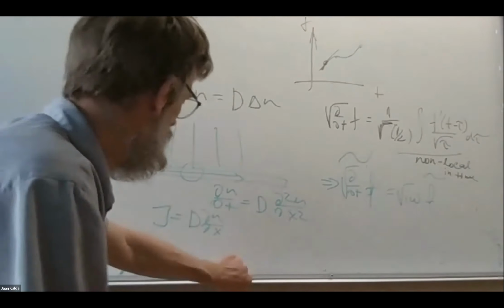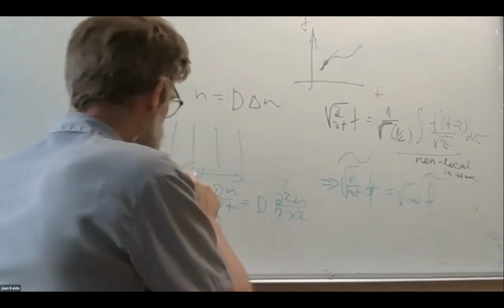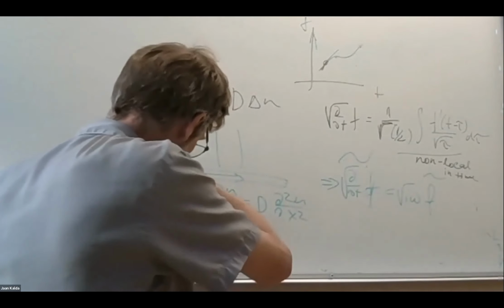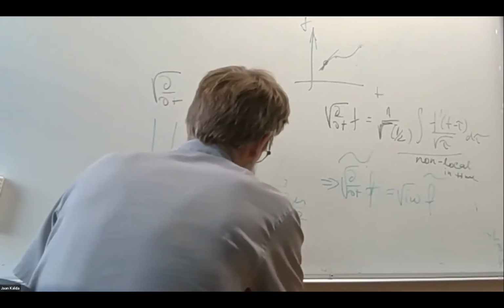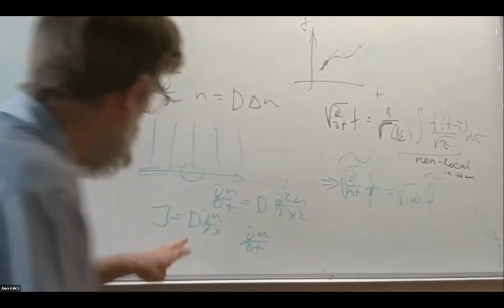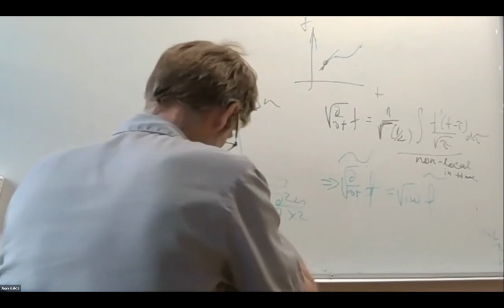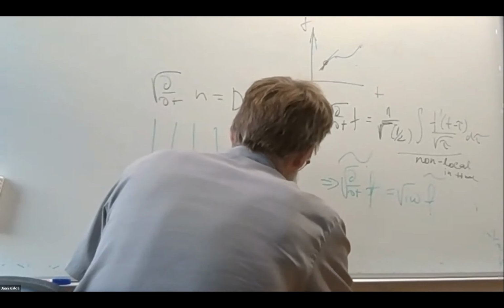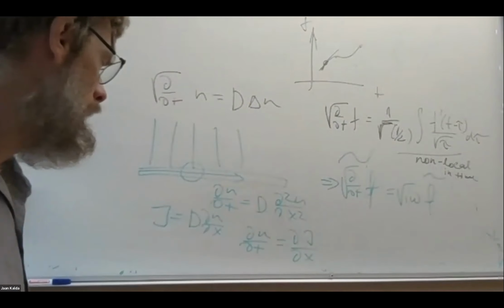And the continuity condition says the change at the given point, dn over dt, is just the difference of fluxes in and out, minus dJ over dx. That's how it comes into play.